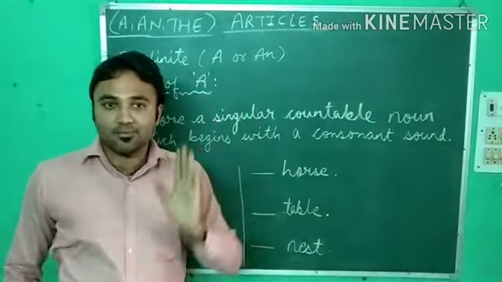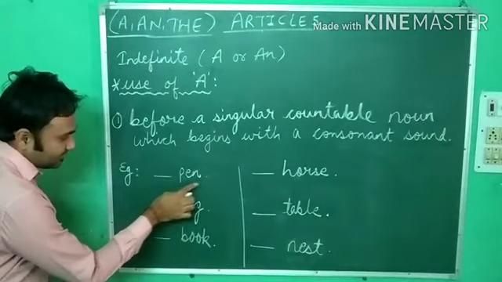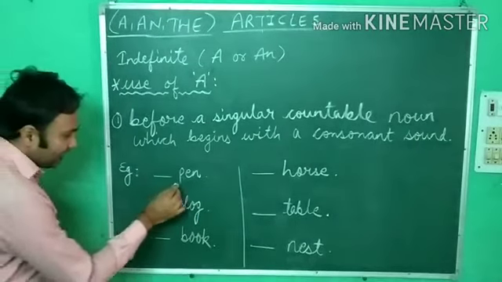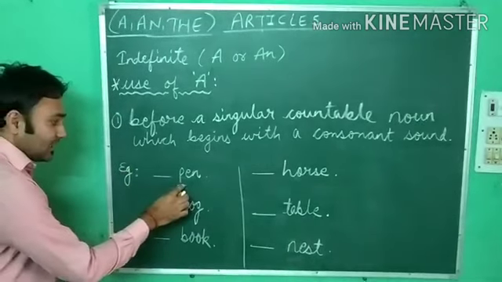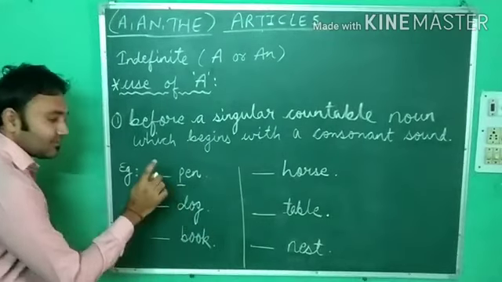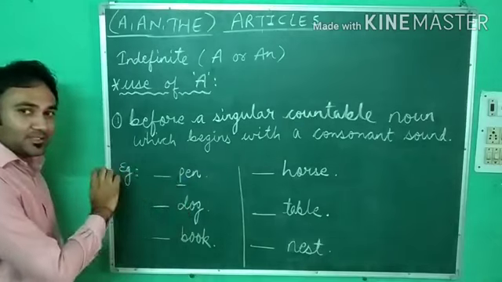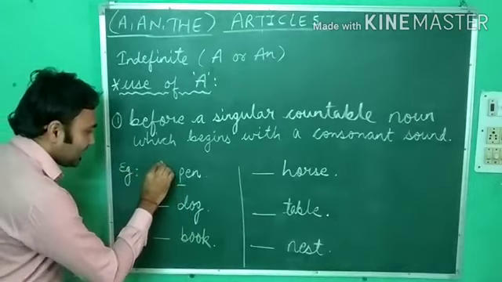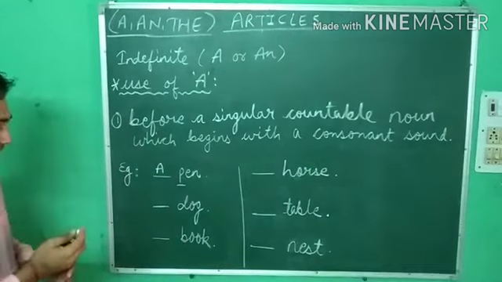Let us have some examples. Like here we are getting a word pen. Now when we look at this letter P, it is a consonant, and when we pronounce this word, we are getting a consonant sound at the beginning of this word. Hence we will write a pen. Let us have another example.